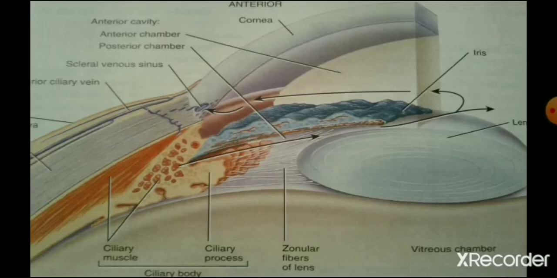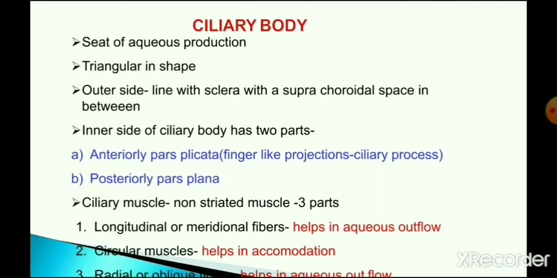In this diagram you can see the various parts: the anterior chamber, the posterior chamber, and in between is the iris, and then there are the ciliary veins, venous sinuses and also the ciliary body.